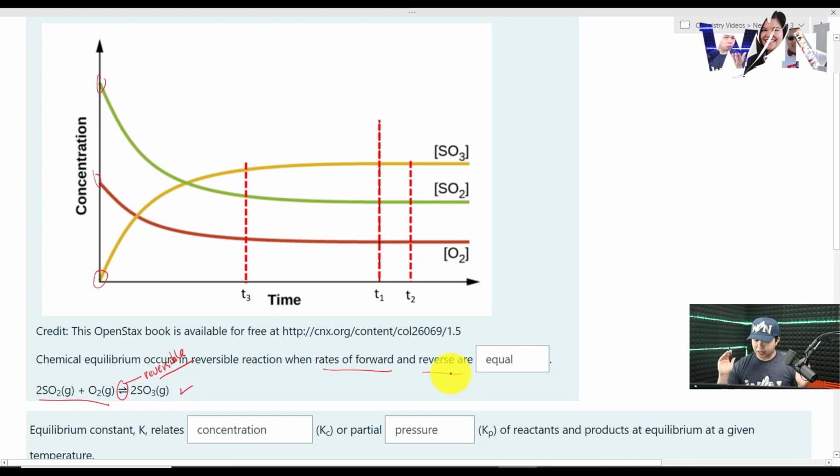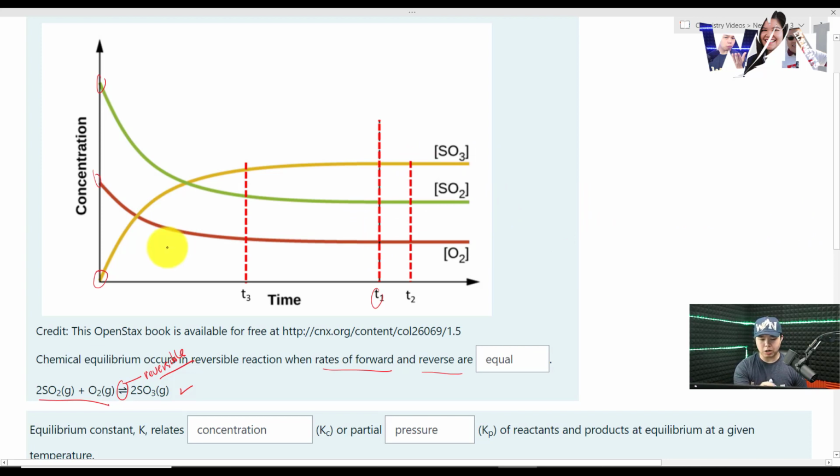So if we look at this graph right here, at T3, we see that this is not the same, but right away at T1 and T2, for the rest of it, until we have some kind of disruption, it is at equilibrium pretty much forever. See how the line is flat? That means the concentration doesn't change anymore.